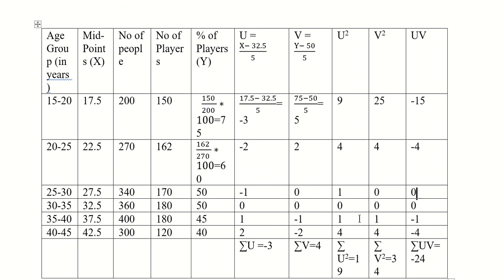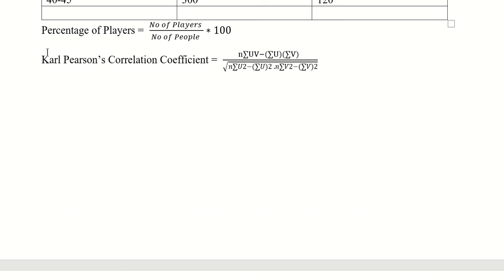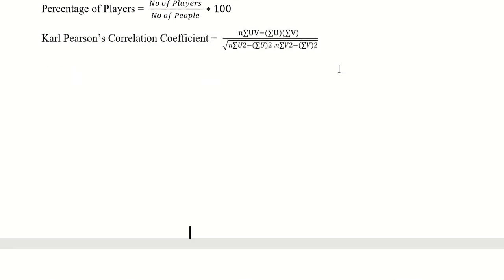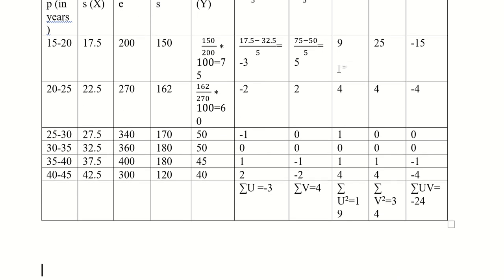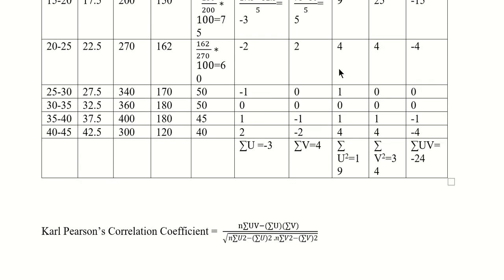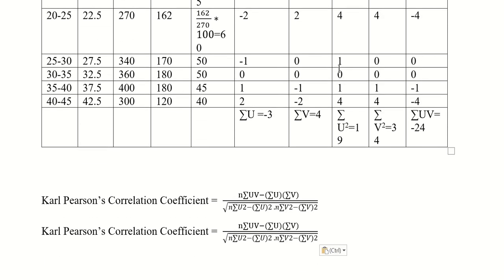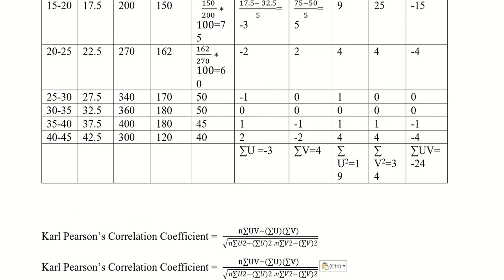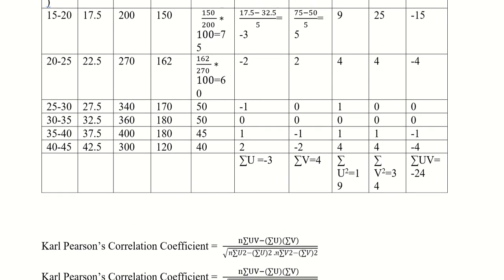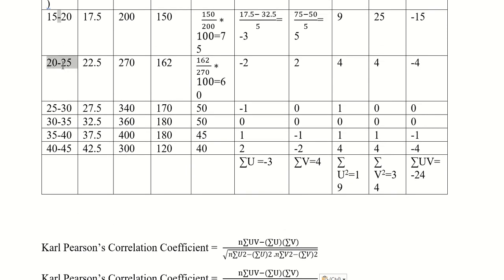Now we'll put all these values into the formula. So this is the formula we have. I'll just put all the values into the formula. So here N is 6. We have 6 observations: 1, 2, 3, 4, 5, 6.